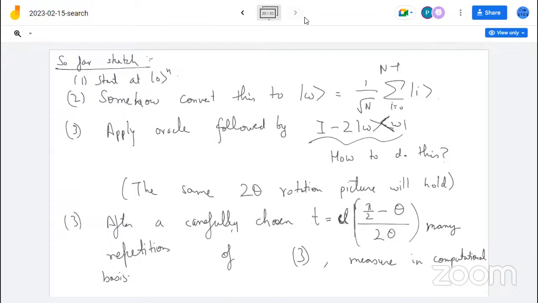And theta was about 1 over root N. So the angle between the vector and your target will be at most 2 theta, actually at most theta if you do it properly, and the sine of that angle is 1 over root N. So the cosine of that angle is actually pretty large, like 1 minus 1 over N. So with that much probability, about 1 minus 2 over N, you will get the correct answer. So that's the goal.